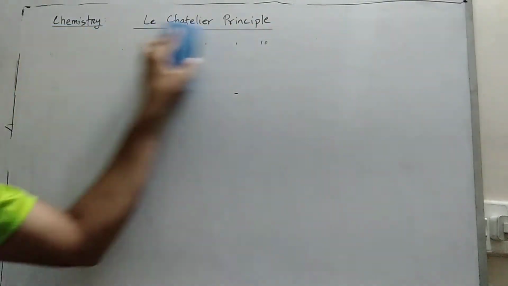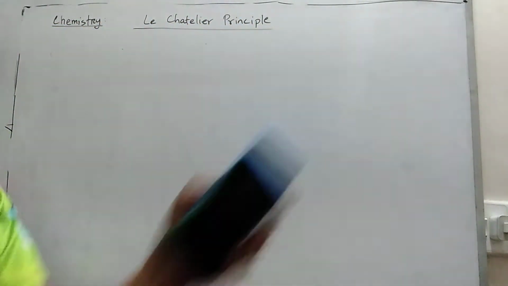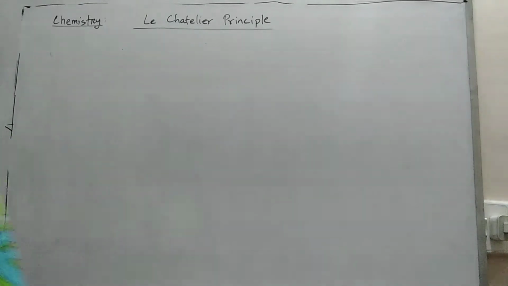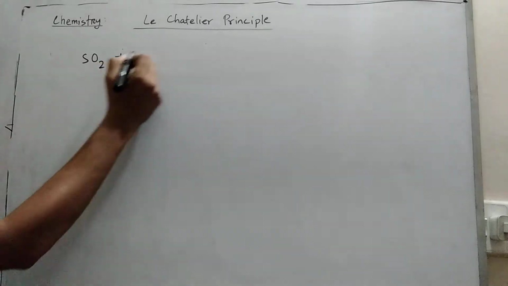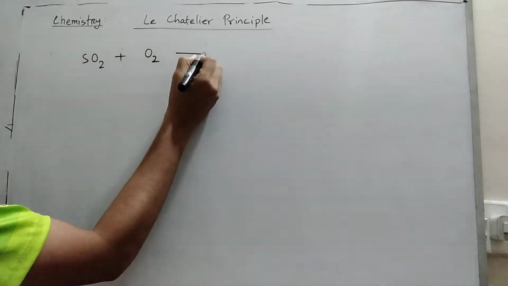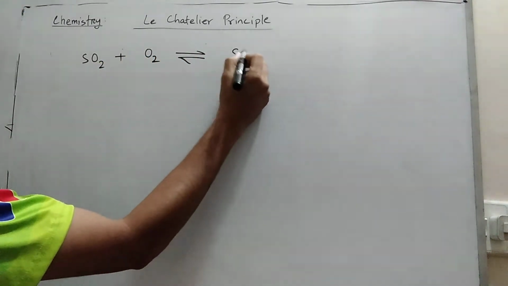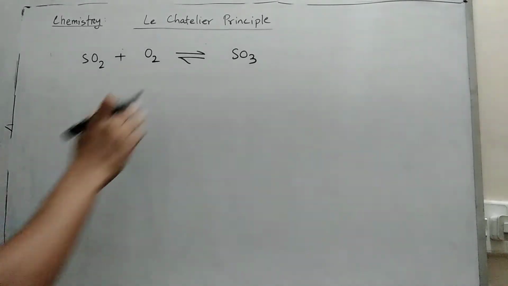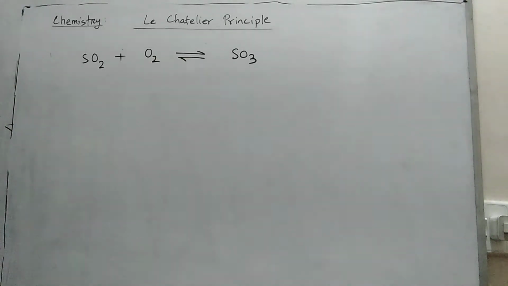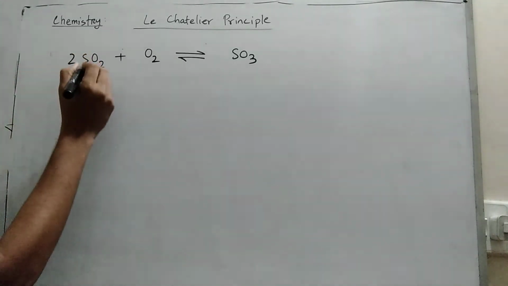Let's say we have an equation here. Sulfur dioxide reacting with oxygen, it produces sulfur trioxide. This is a very important reaction in the chemical industry for the manufacture of sulfuric acid.